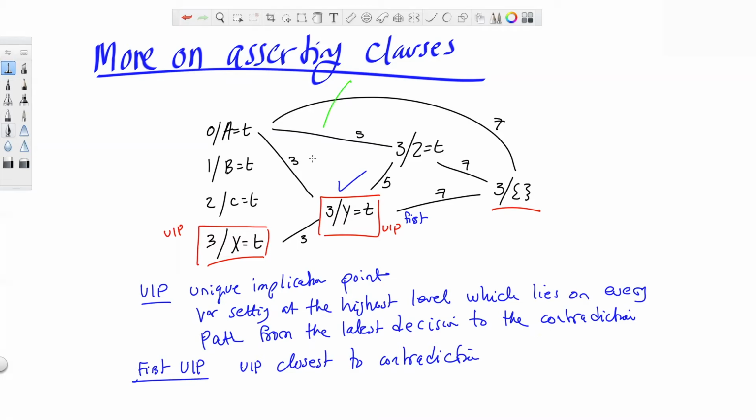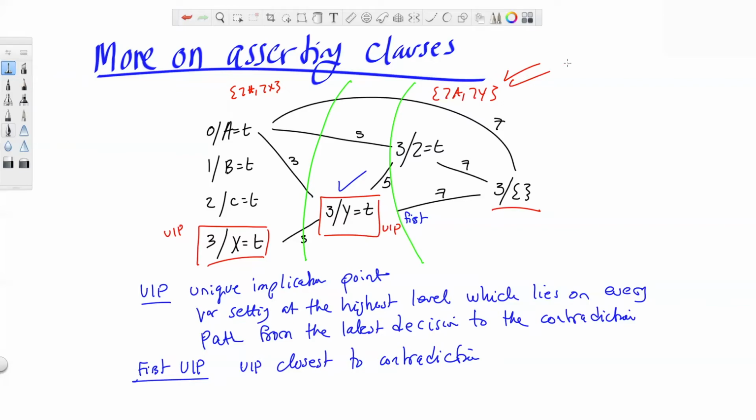There was this cut, and then there was this cut. The first cut actually gave us the clause not A, not X. And the second cut gave us not A, not Y. Both of these were asserting, but if I want to use the first UIP asserting clause, I will use this one instead.